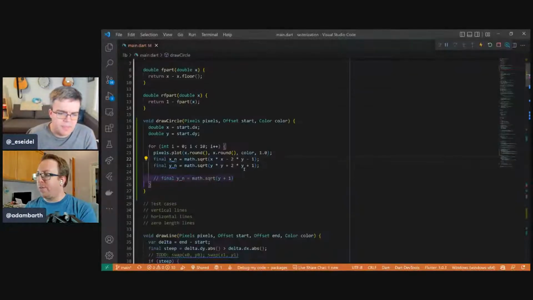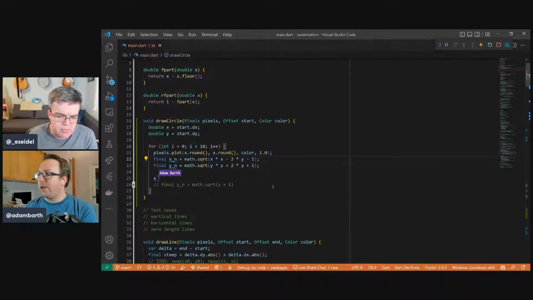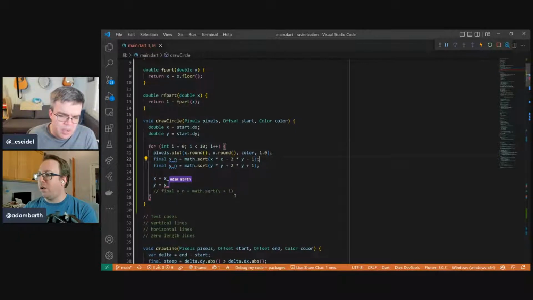Like, what's the worst that can happen? Okay. So then we say x equals x next, y equals y next, and we'll do that 10 times. And we'll see. Maybe your xn was more clear than my version anyways, but I think this is better style, maybe. It's confusing when you switch languages all the time.